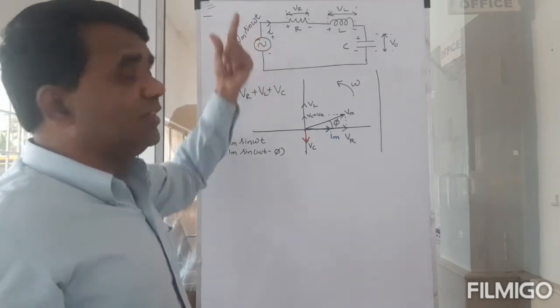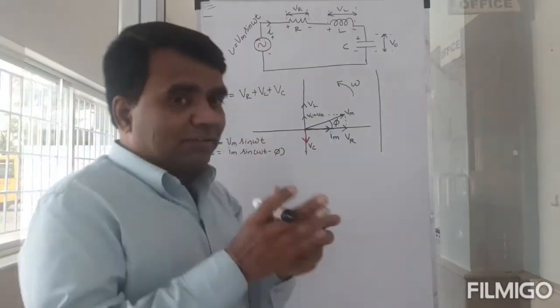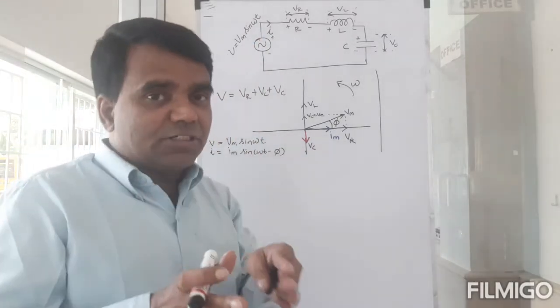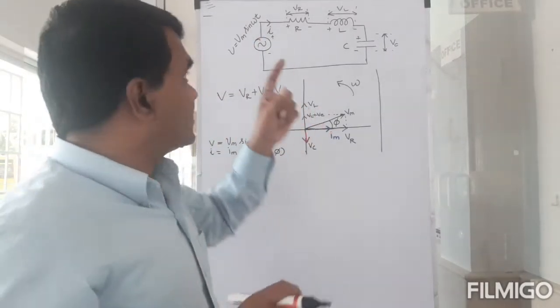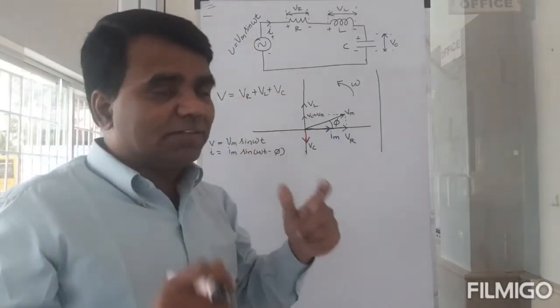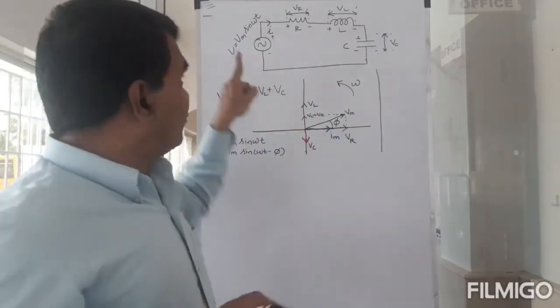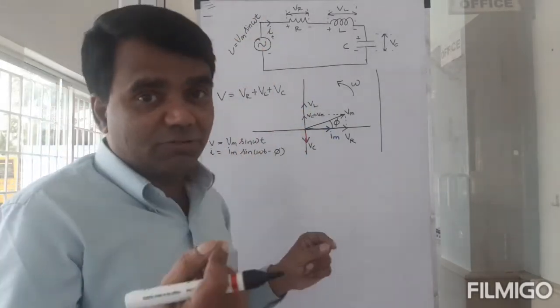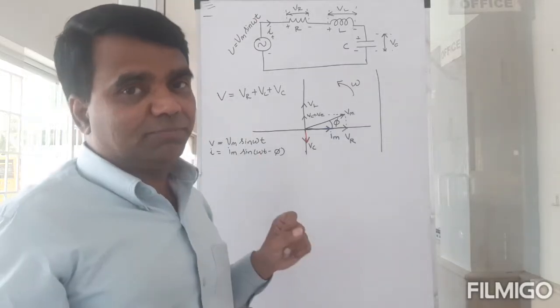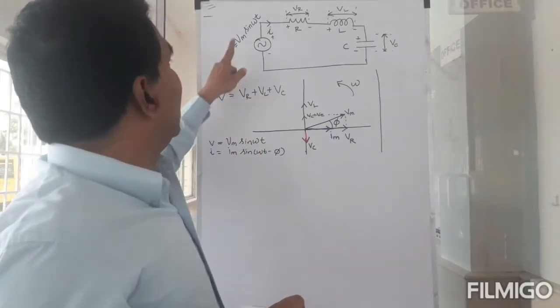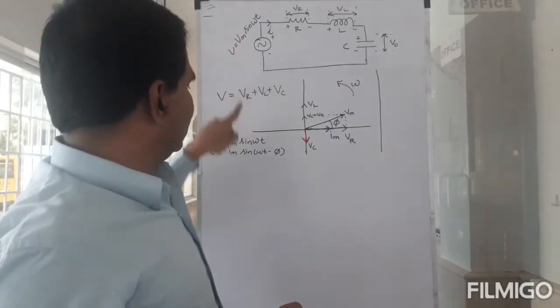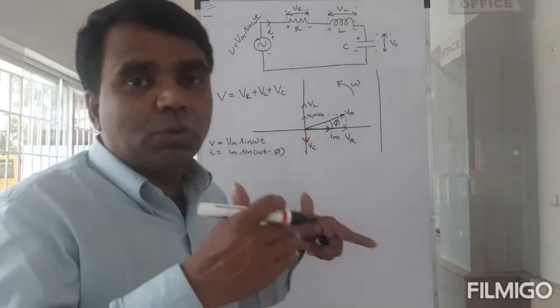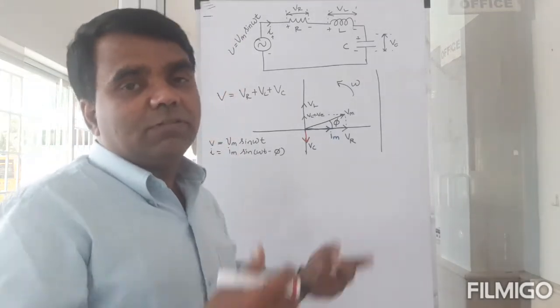When you say V is equal to Vm sin omega t, the time is measured with respect to the voltage. What I mean by that is, when the voltage is 0, your time is 0. That's what you have taken. Okay? And when the voltage is 0, the current would have some value.